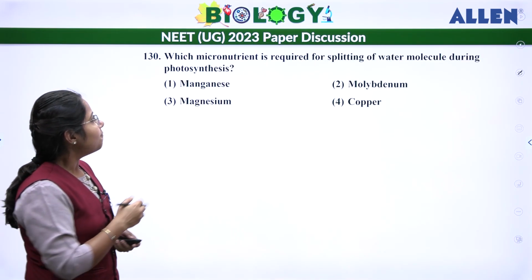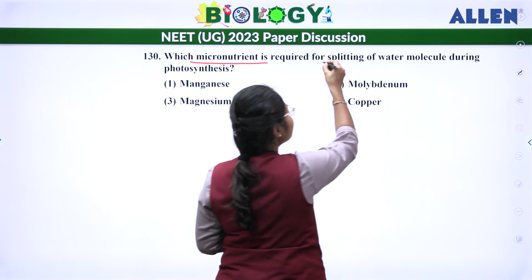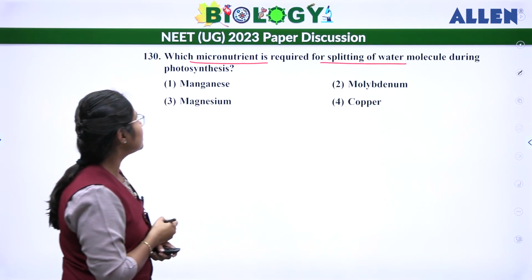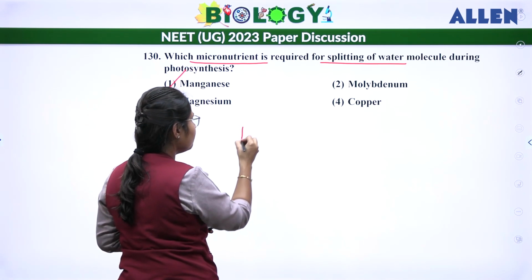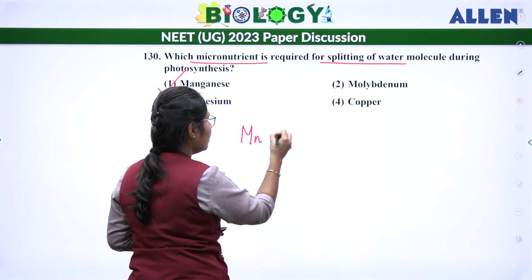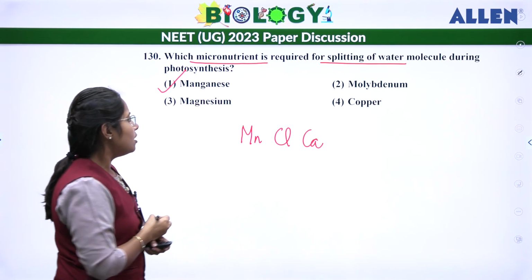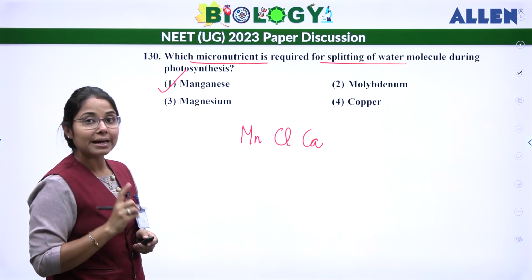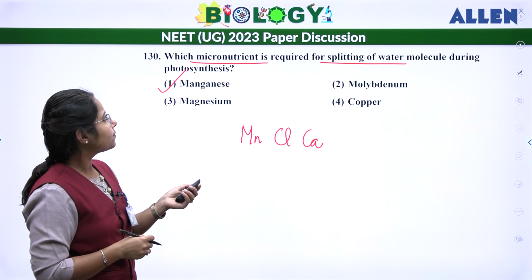Next question. Which micronutrient is required for splitting of water molecule during photosynthesis? That will be manganese. For splitting of water, we have manganese, chloride and calcium. Out of the three, manganese is involved in splitting of water during photosynthesis.